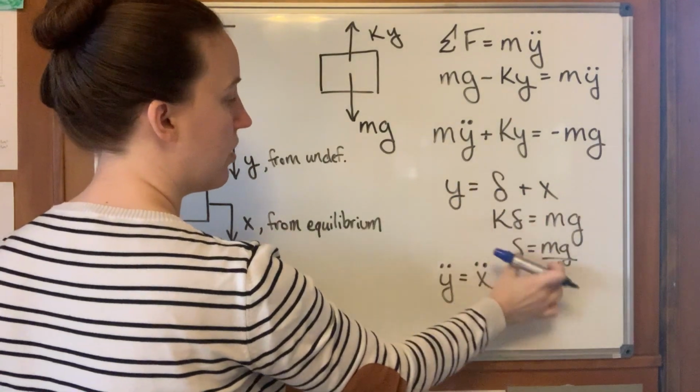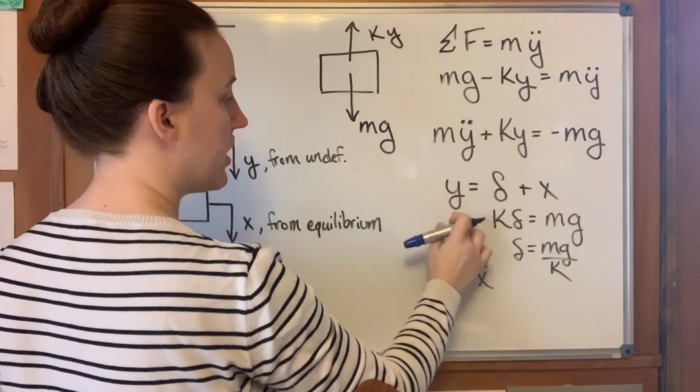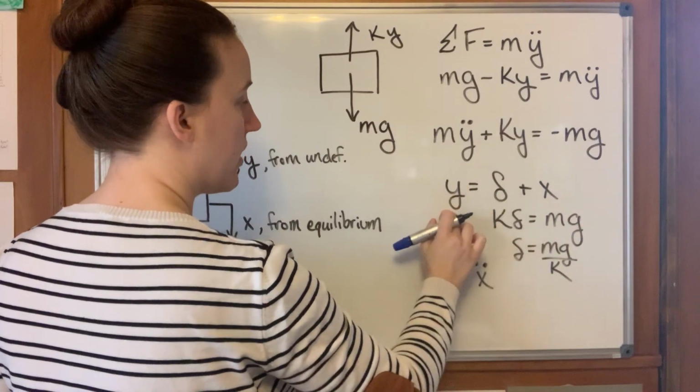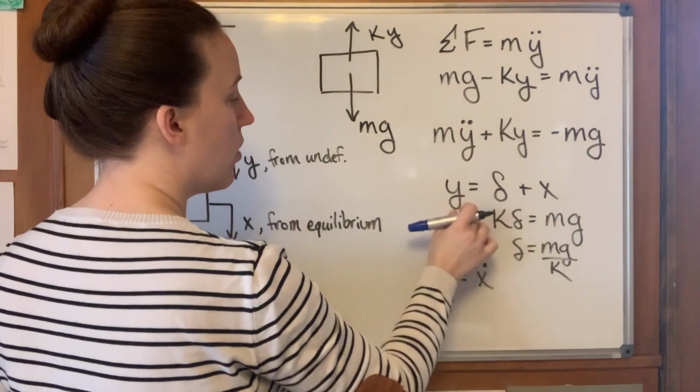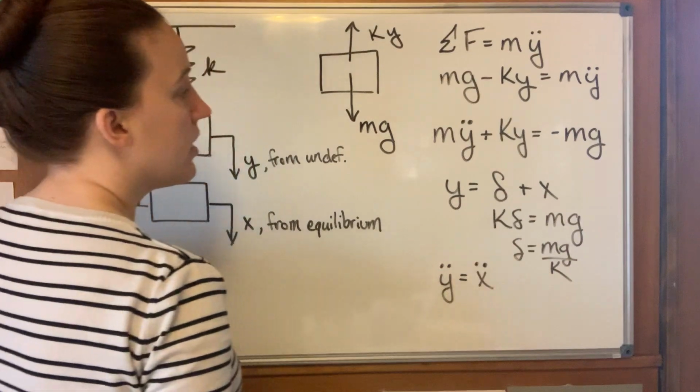This delta term is a constant, so this isn't changing. We take the derivative of this once, y dot equals x dot, and we take it again, y double dot equals x double dot.